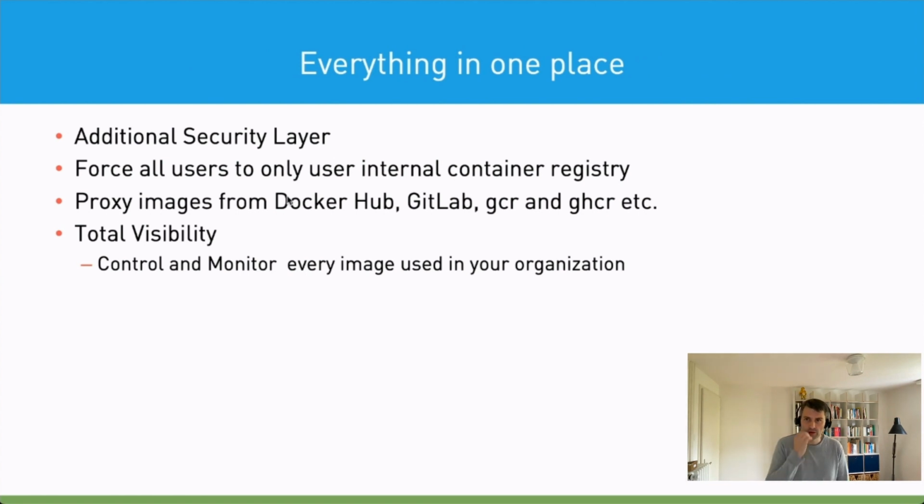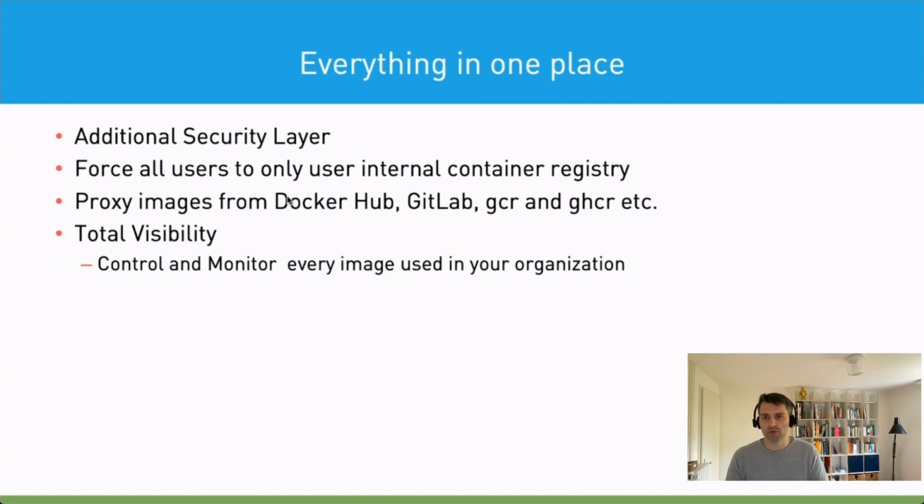One use case I call everything in one place, and it's basically an additional security layer that you implement. It goes like this: you have a Harbor instance or a cluster within your organization or within the cloud provider of your organization, and you restrict access to every other container registry, so everything has to go over your container registry.